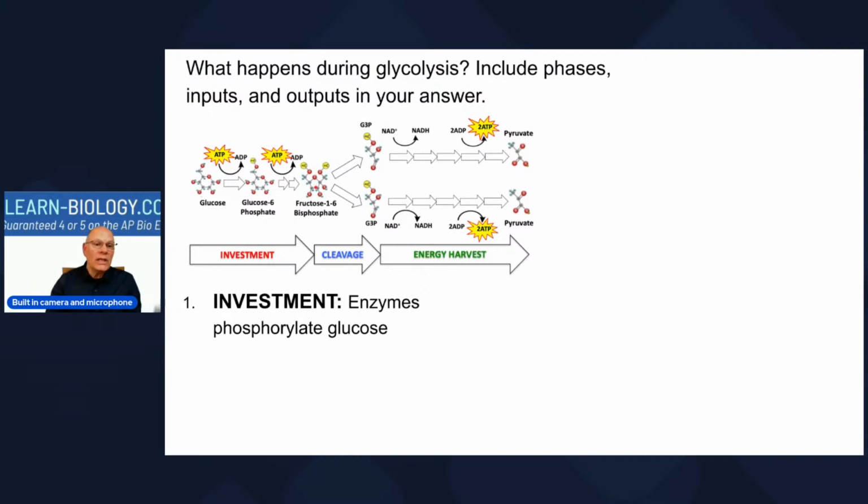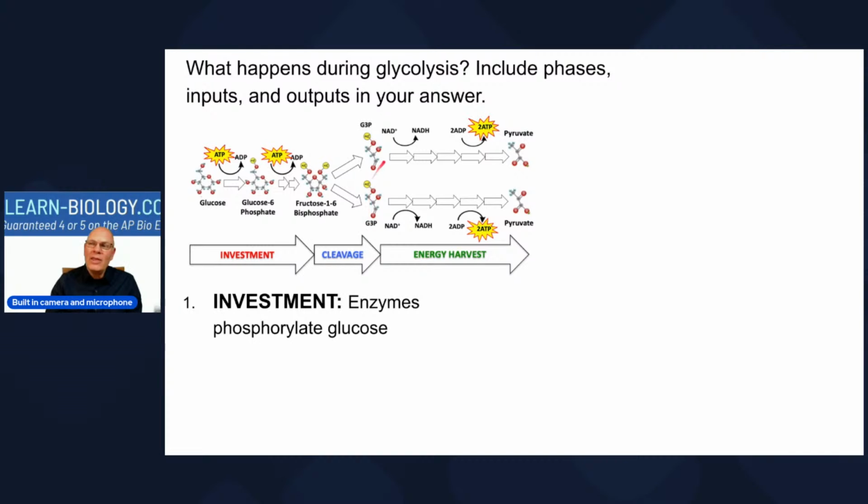So this molecule is brimming with energy, and that enables the next enzyme to take it and cleave it into two pieces. That's the cleavage phase. You break this molecule apart. It had 6 carbons, glucose, C6H12O6, and now we have 2 3-carbon molecules.